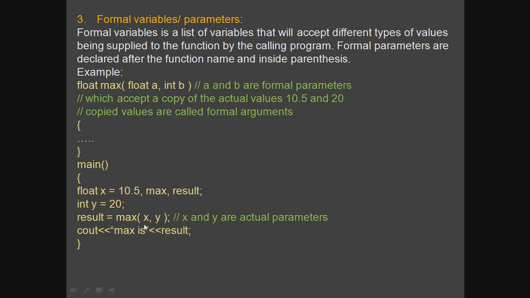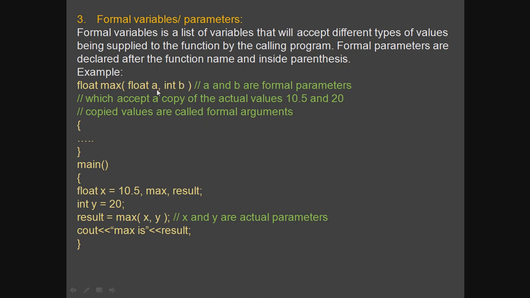Okay, so we can pass these values to this function within the parentheses by the variable name. Here the variables store the values x equals 10.5 and y equals 20. So that value is passed to the called function, which has the same function name and the same data type, float. It accesses this value, but here a and b are the formal parameters.